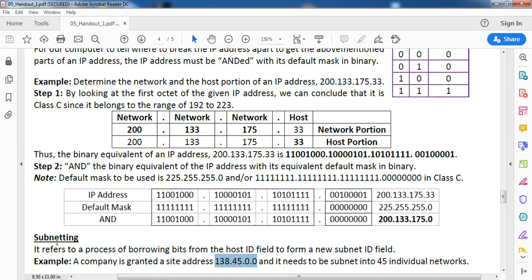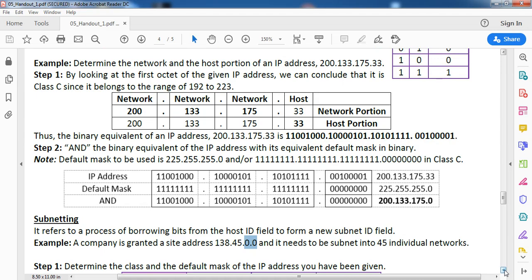But with the power of subnetting, borrowing from the host ID, we could actually create individual subnetworks. By the way, 138 from our discussion is part of class B, which means that the first two octets, 138 and 45, are the network ID, and the last two are the host ID. And that is where we will borrow bits from to create a subnetwork.